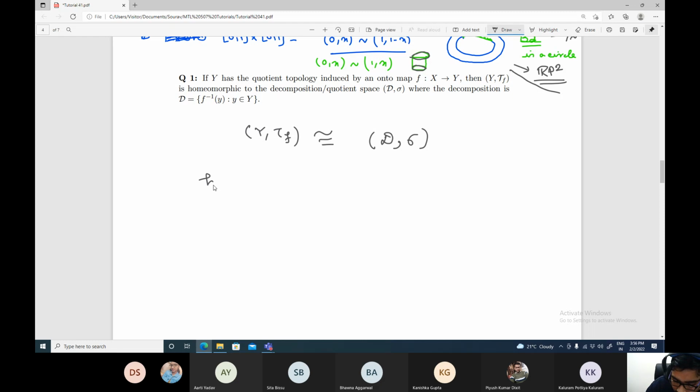Now let's define h from Y to the script D by h(y) equals f inverse of y, where f is a map from X to Y, an onto map. So this map is well defined.